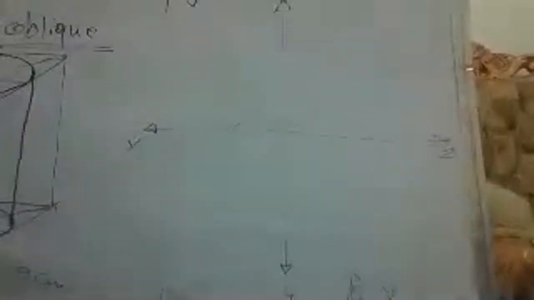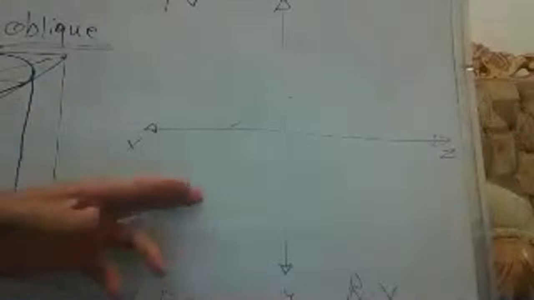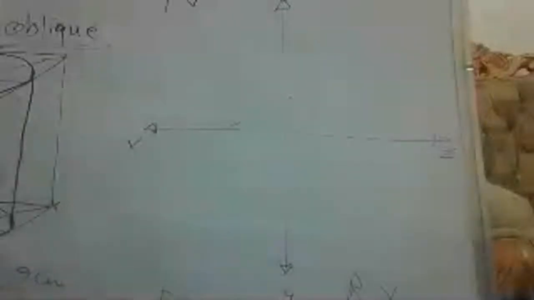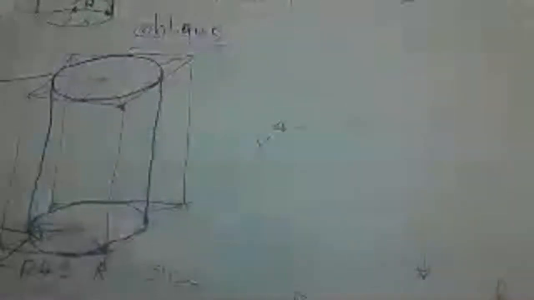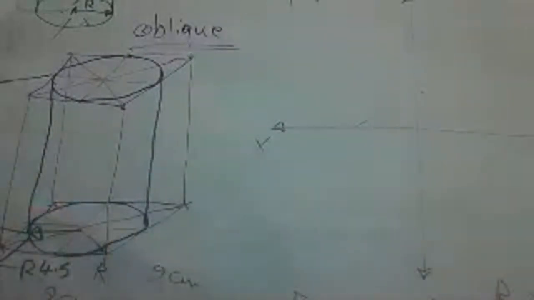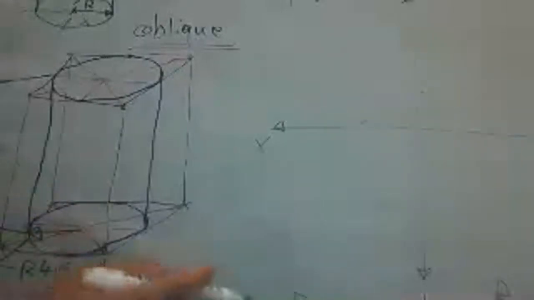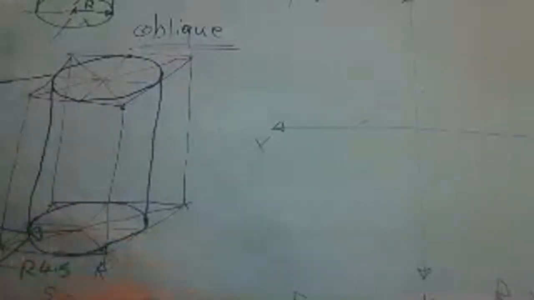Okay. Now, for the front view and right side view, if we go back to the pictorial, we can find that this is the direction of, let me choose another color, this is the direction of right side view.